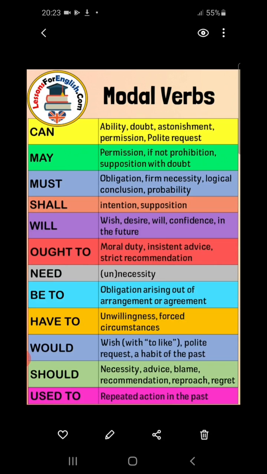He or she gives a recommendation for any person who does good work. Reproach.